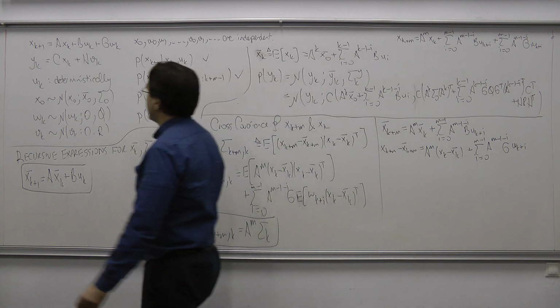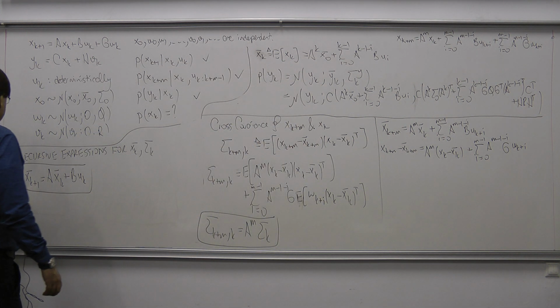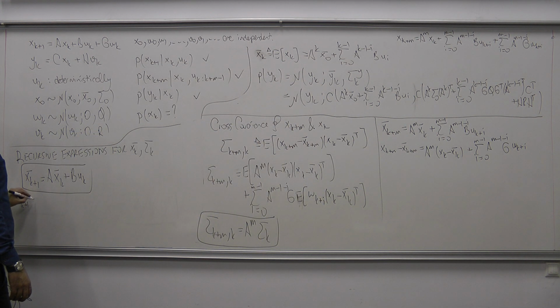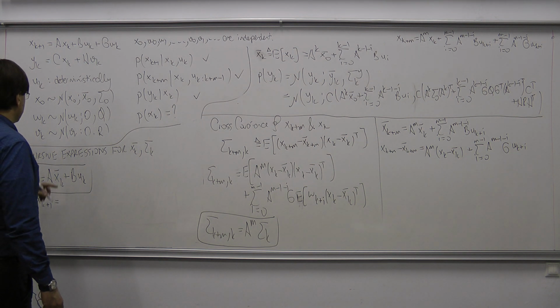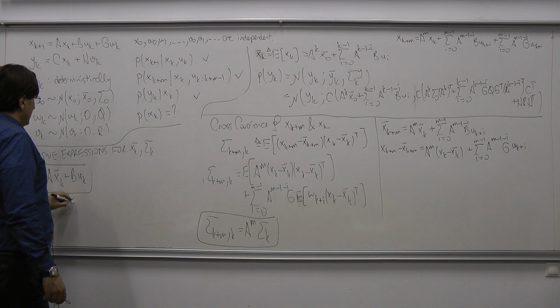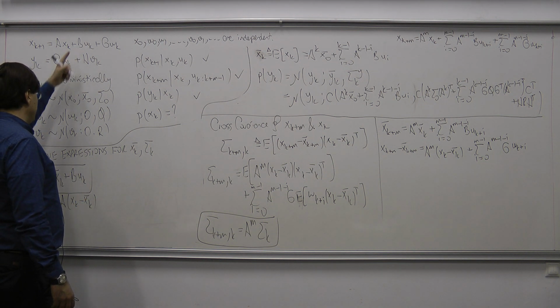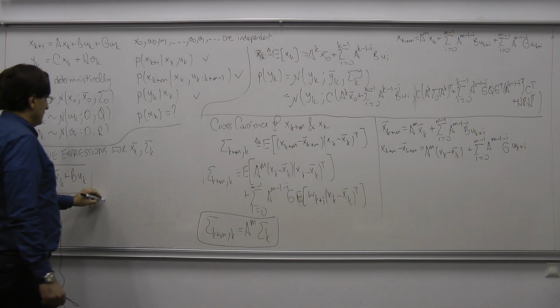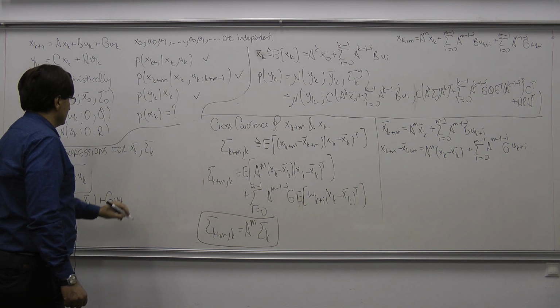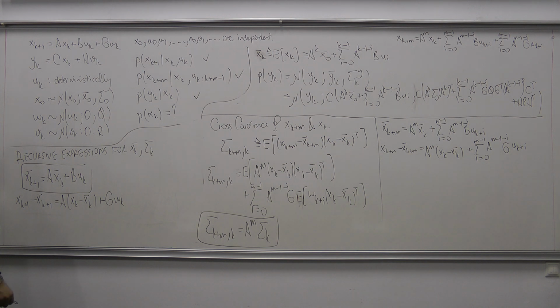And let us calculate xk plus 1 minus xk plus 1 bar. In that case, that is going to be A times xk minus xk bar, and the B uk terms will cancel, and I would have G wk.